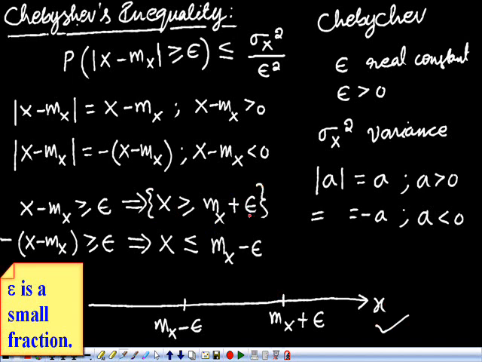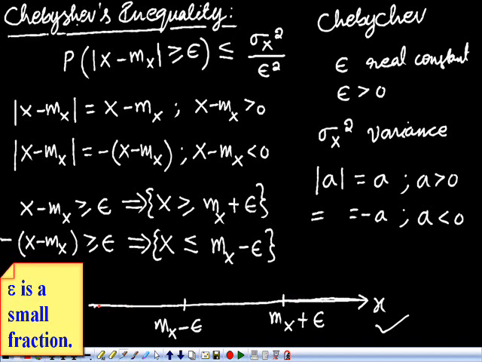If you consider this event, x taking values from mx plus epsilon to infinity, and if you consider this another event where x is less than or equivalent to mx minus epsilon, the small x takes values from minus infinity to mx minus epsilon.